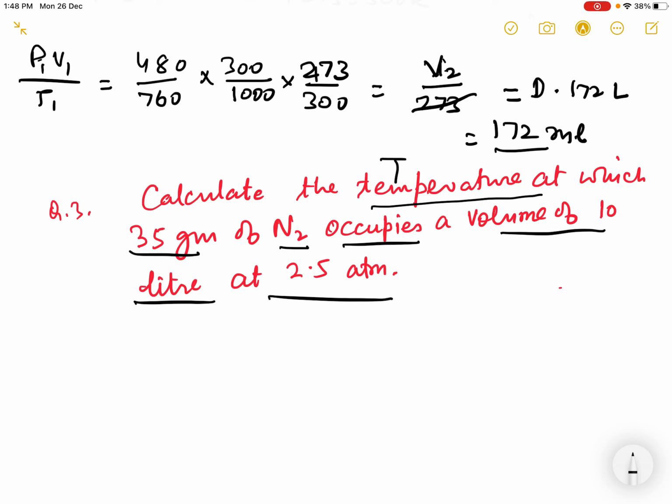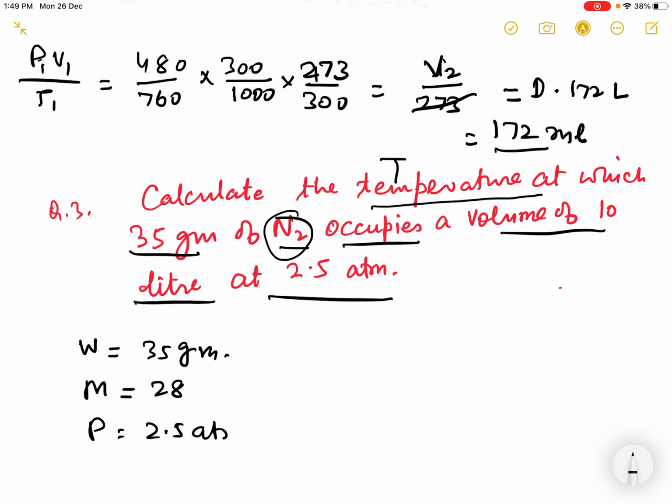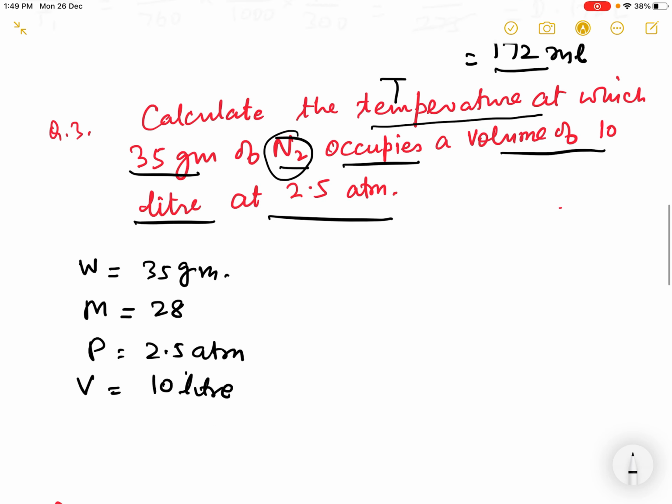Now W, weight of gas, is 35 gram, and molar mass of nitrogen is 28, 14 plus 14. Pressure is 2.5 atmospheric, and volume is 10 liter. Now we have to calculate T.